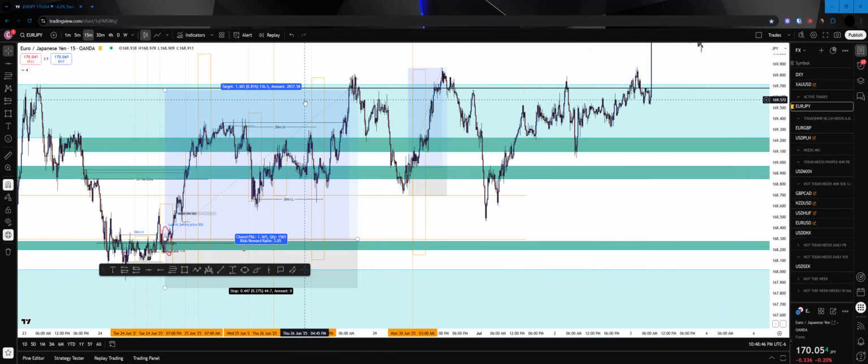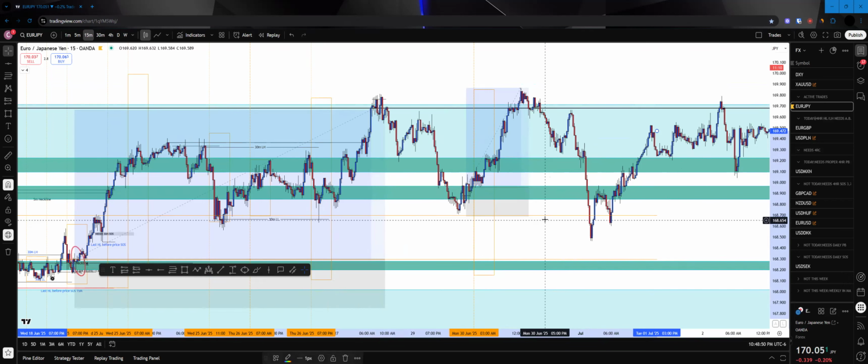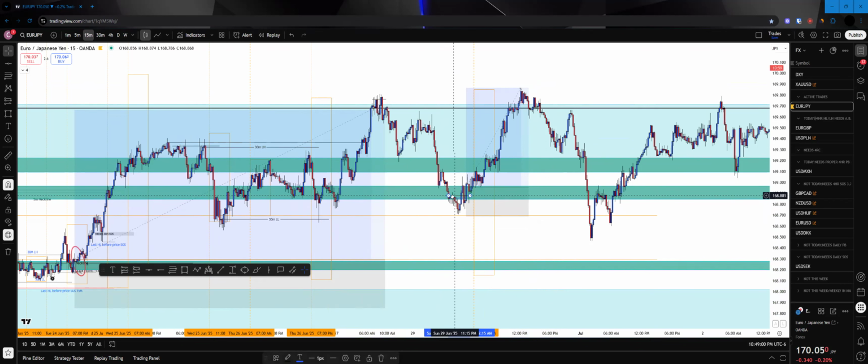Yep, every time. So again, here we have the fib level right here, and then we have the same sequence where we have the accumulation level right here. It's probably cleaner on the 5 minute, but price pulls back. How much did this pull back by? I think this pulled back by too much for me to be interested.